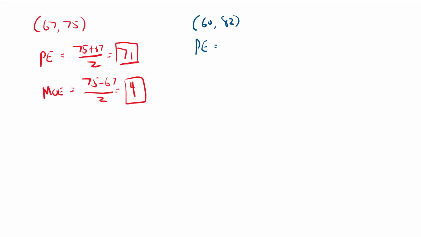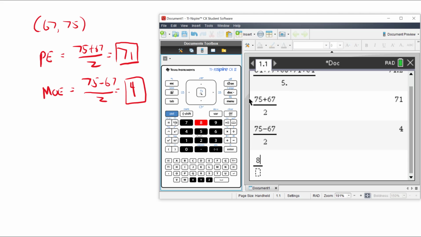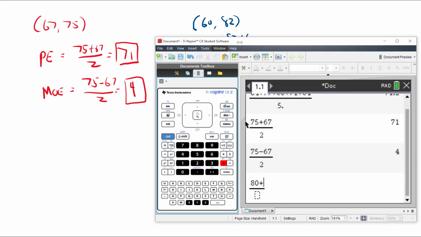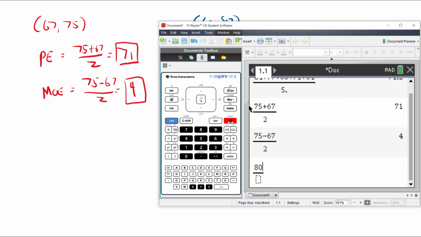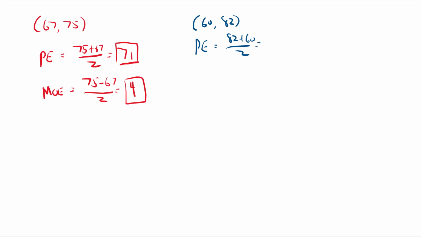Well, we could simply take 82 plus 60 divided by 2. And we get 71.